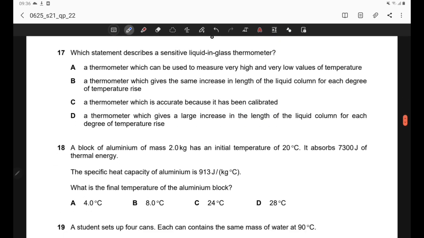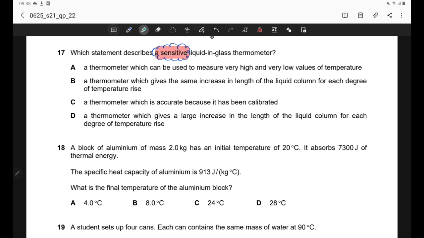Question 17. Which statement describes a sensitive liquid in glass thermometer? So we need to know how we can describe a sensitive liquid in glass thermometer. Here initially we can look at the word sensitive. What is the meaning of a sensitive liquid in glass thermometer?